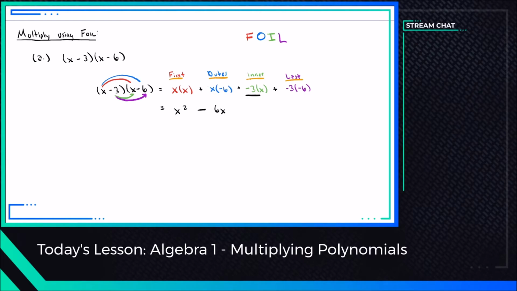Then a negative 3x, well, that's just a negative 3x. And then a negative 3 multiplied by a negative 6 is going to be a positive 18. And so now if we combine all our like terms, that's going to be an x squared minus a 6x minus a 3x, which is a minus 9x plus 18.